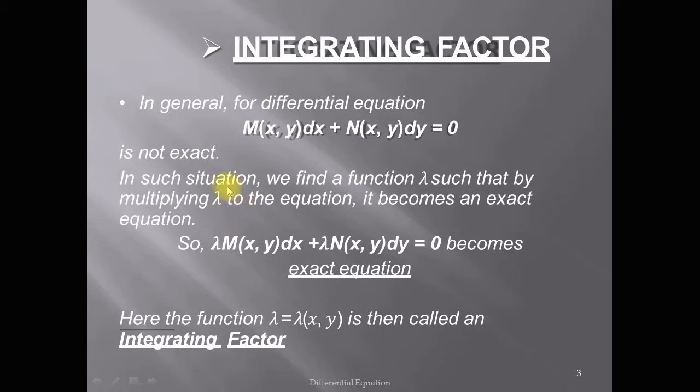So multiplying lambda to the given differential equation, we obtain lambda M dx plus lambda N dy is equal to 0. Now the equation becomes an exact differential equation. Here the function lambda will be a function of x and y, which is called an integral factor.